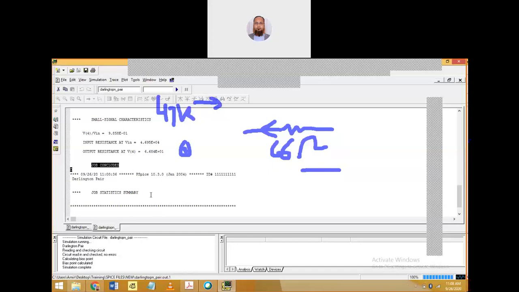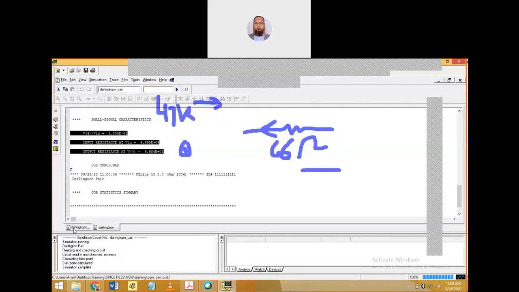Here it is different, we have kept the .tf, and .tf gives us this. If you are asked in a question to calculate the input resistance, output resistance and the DC gain, you should automatically think that you have to apply the .tf command.